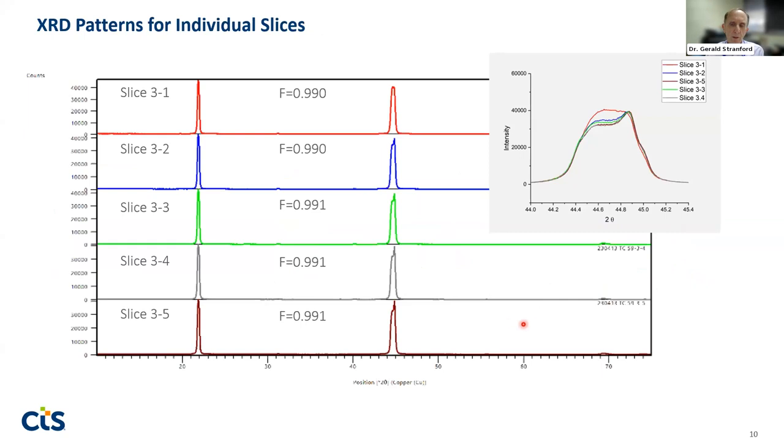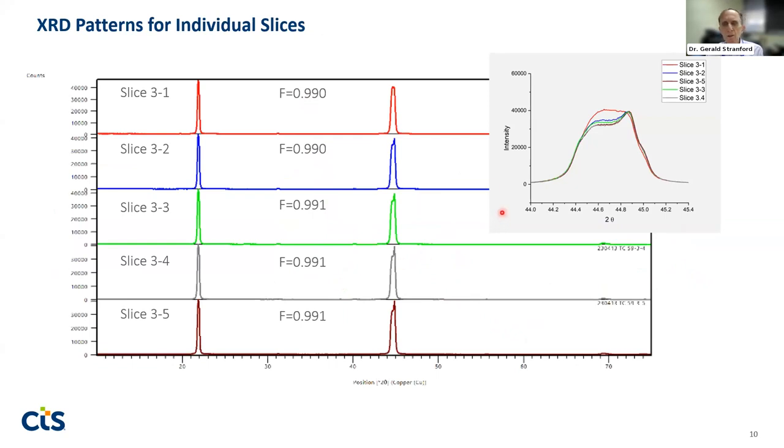Prior to doing that, though, we did run the X-ray diffraction pattern on each of the wafers, and we find that as we go through this stack of 5 wafers, we've got a high F factor, good alignment, again all above 0.99.